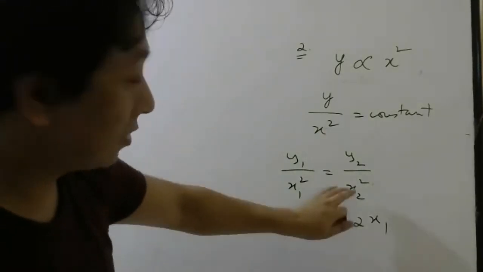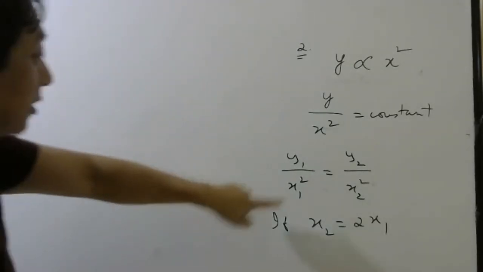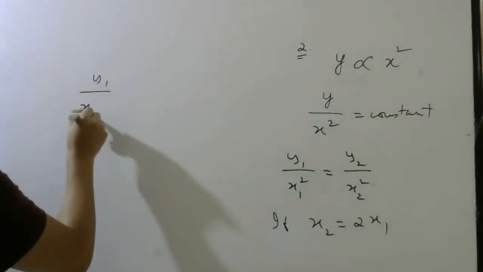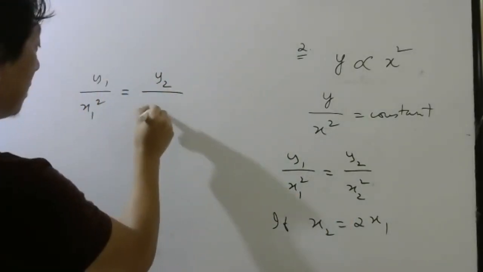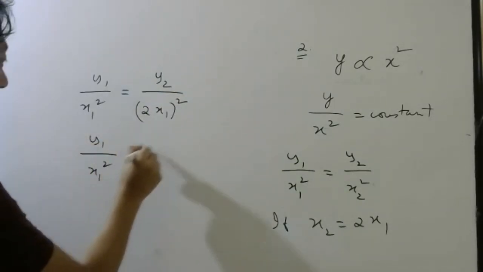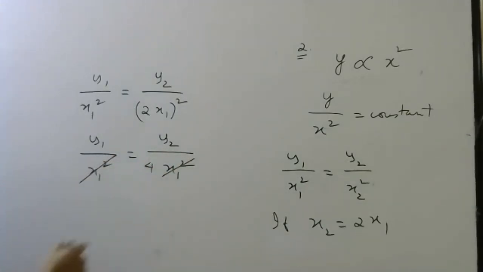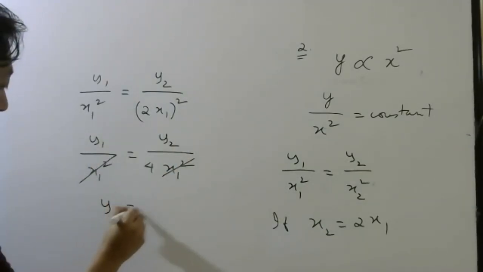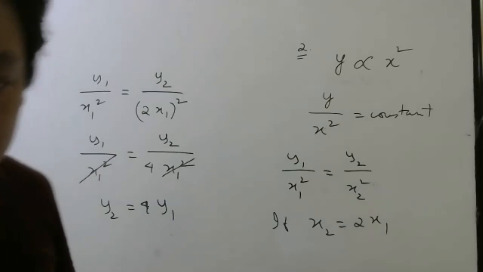Substitute: y1 by x1 square will be y2 by x2 square, which is twice x1 square. So y1 by x1 square will be y2 by 4 x1 square. x1 square cancels, cross multiply, y2 will be 4y1. Understood or not? Because of the square.